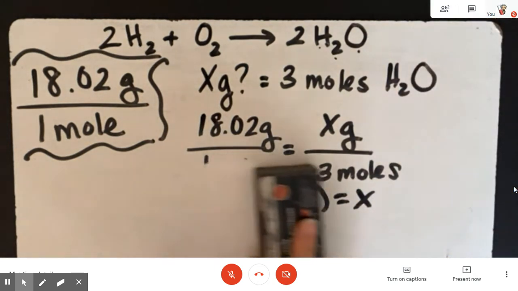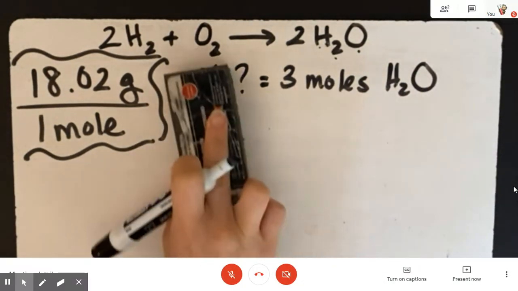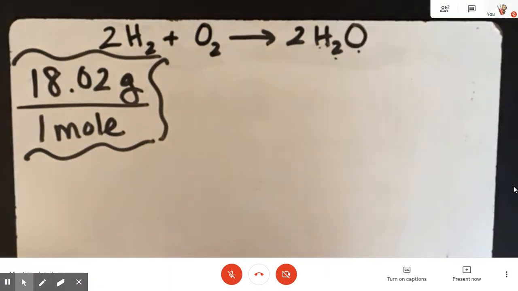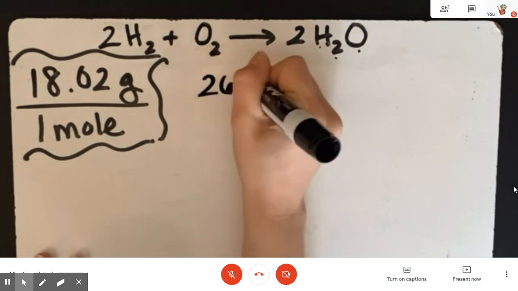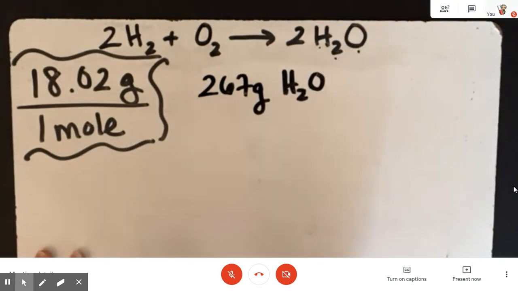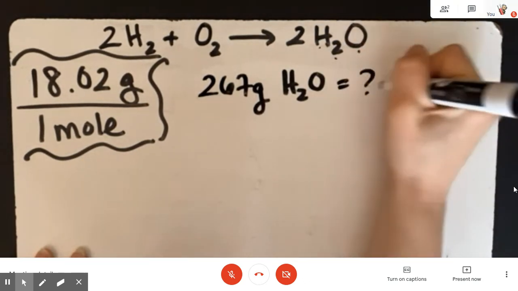We can make these even more complicated because, again, when the numbers are easy, it's easy to do these. But when the numbers get more complicated, it becomes a little bit more challenging. So again, what if I had 267 grams of water? How many moles is that?